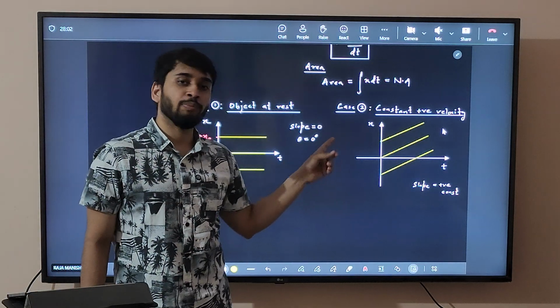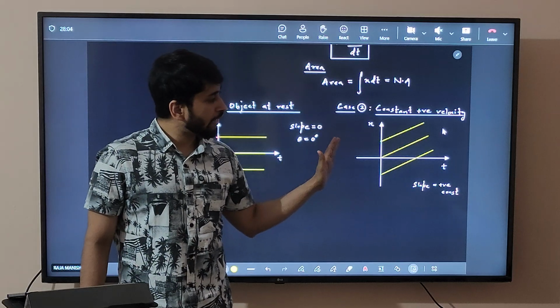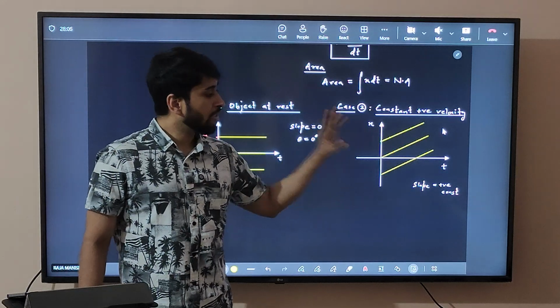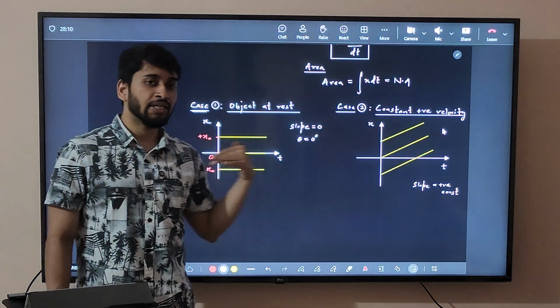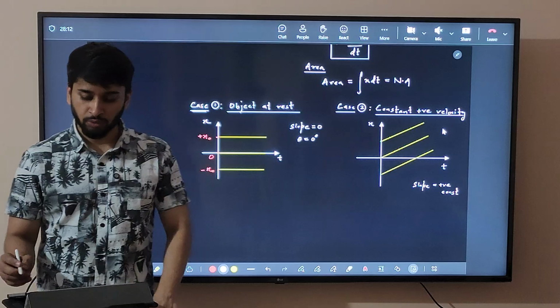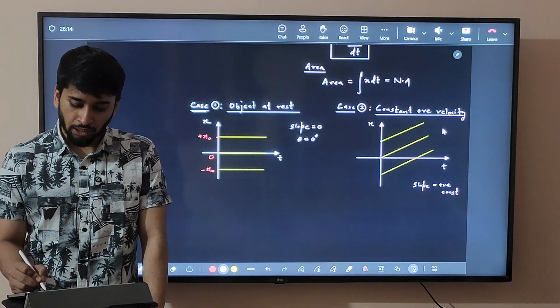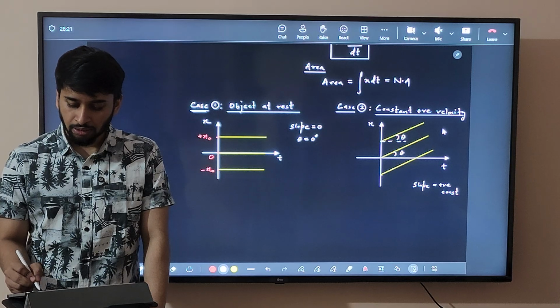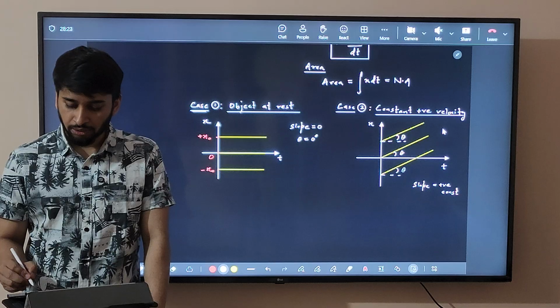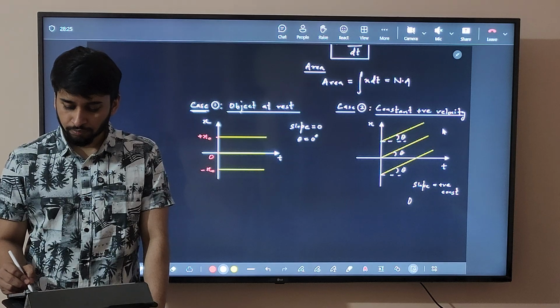Now when the slope is a positive constant, the graph should be a straight line, and for a positive constant, the angle that the straight line makes with the time axis should be acute. So this theta and this theta and this theta, all should be acute.